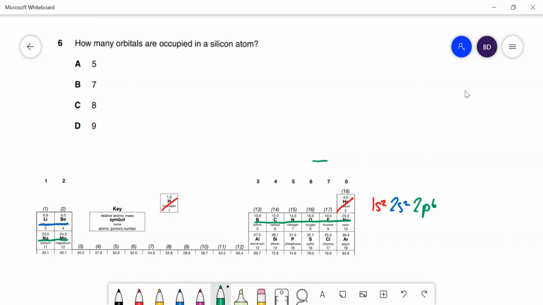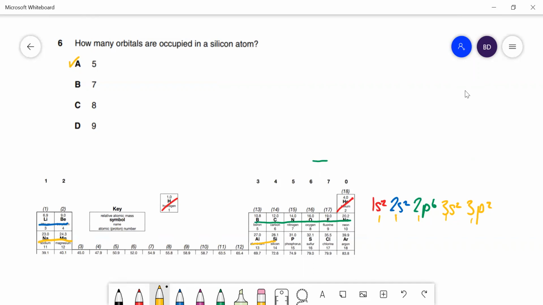Then we've got 3s2, and then we have got 3p2. So how many different orbitals have we got? Was 1, 2, 3, 4, 5 is the answer. So A is the answer there.